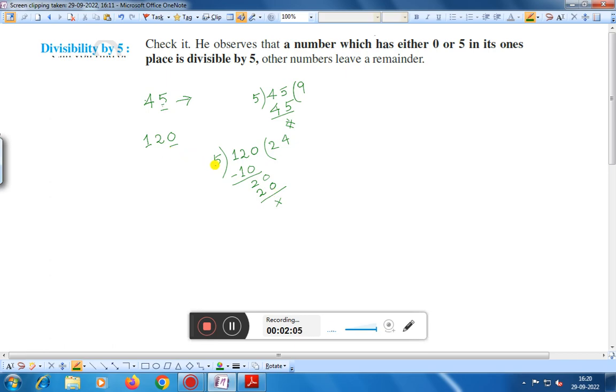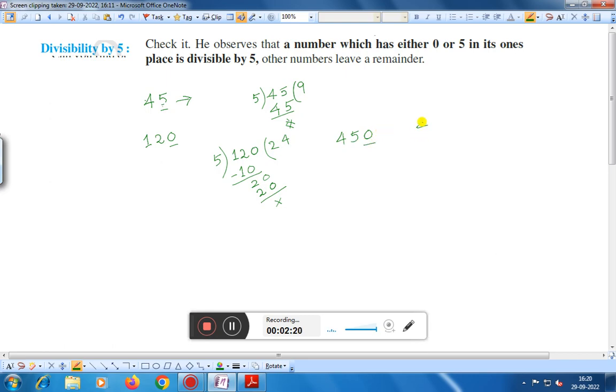Let us take another example. Suppose the number is 450. The last digit is 0, that means it is divisible by 5.